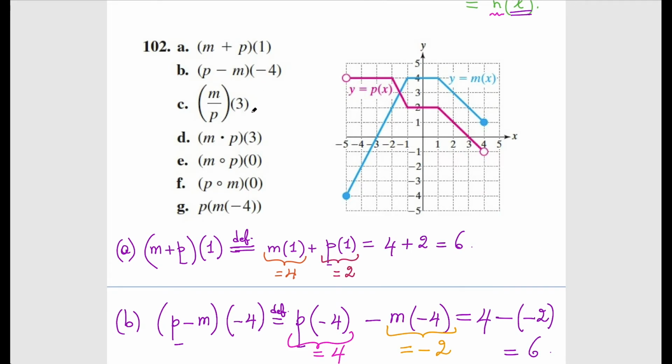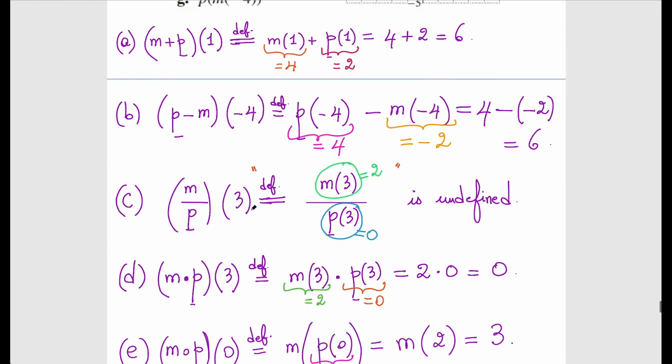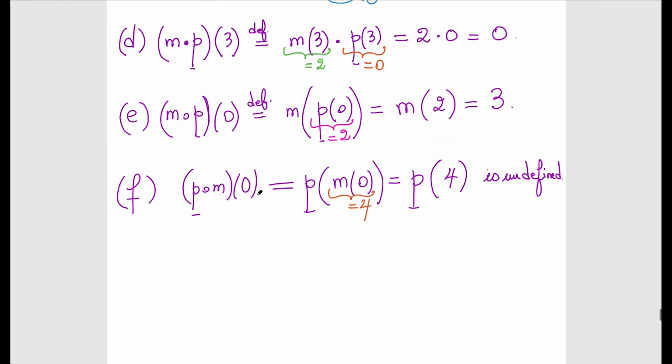Okay, so we're down to G, the last one. P at m of negative 4. So that's part G. P acting at m of negative 4, right?